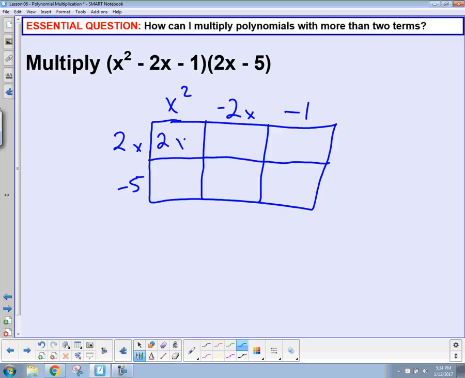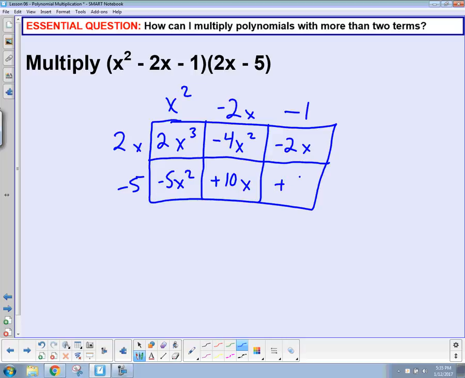Negative 2x times the 2x is going to be negative 4x squared. Negative 1 times 2x, that's negative 2x. X squared times negative 5, negative 5x squared. Negative 2x times negative 5, that's a positive 10x. And then negative 1 times negative 5, that's going to be a positive 5.